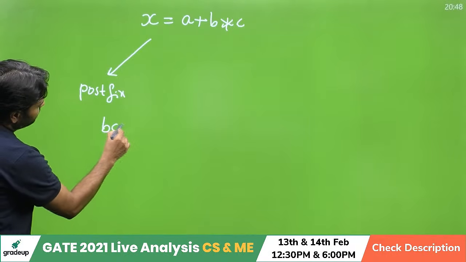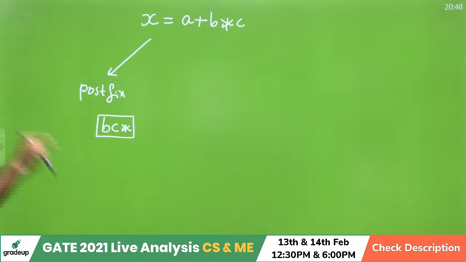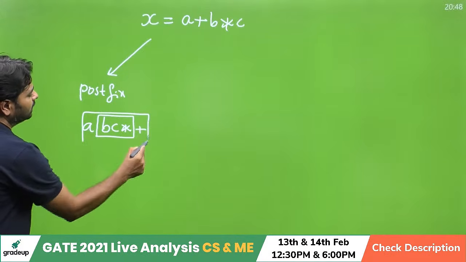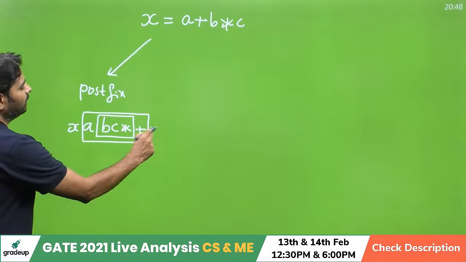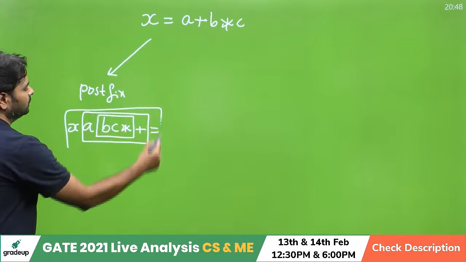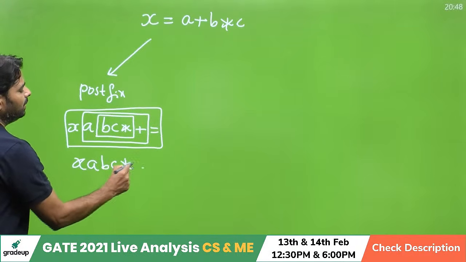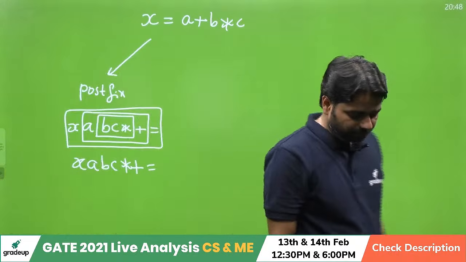So b c *, one operand you get after evaluation. Next plus is going to evaluate, so a and plus, you keep at the last because it is the operator. This is the next evaluation. And equal to, you may keep it or ignore it, your choice. So the answer is x a b c * + =. Everybody clear what is the postfix code?